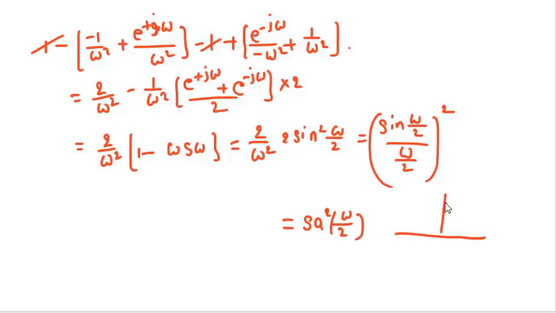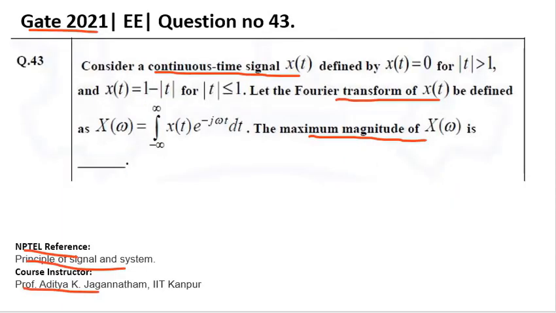This is the graph of sampling square omega by 2, which has a maximum magnitude of 1. So the correct answer for this question is 1.